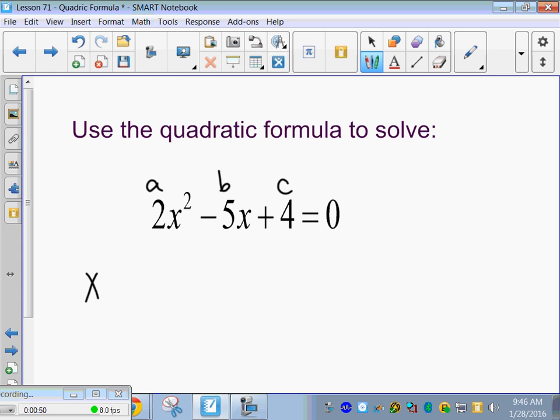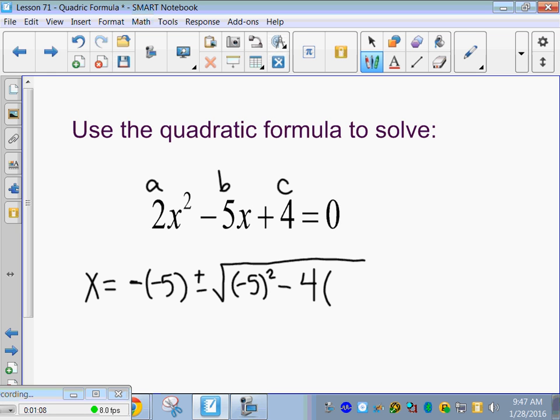So we have x equals negative, from the equation, and we're substituting in a negative 5, plus or minus the square root of negative 5 squared, minus 4 from the equation. We're going to substitute in a and then c, all over 2 times a, and a is 2.